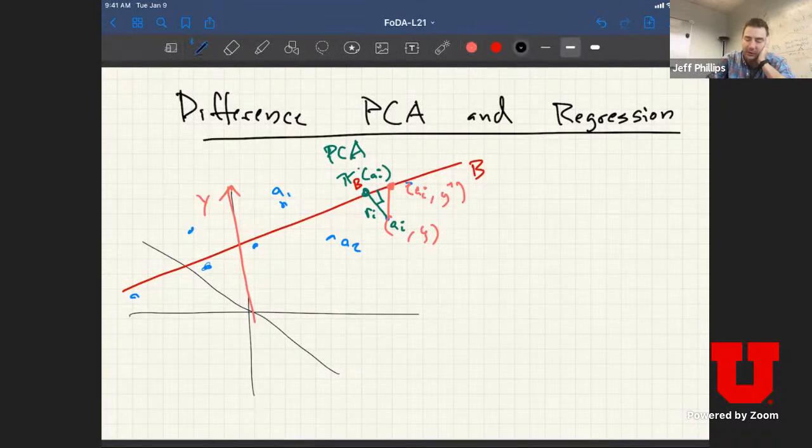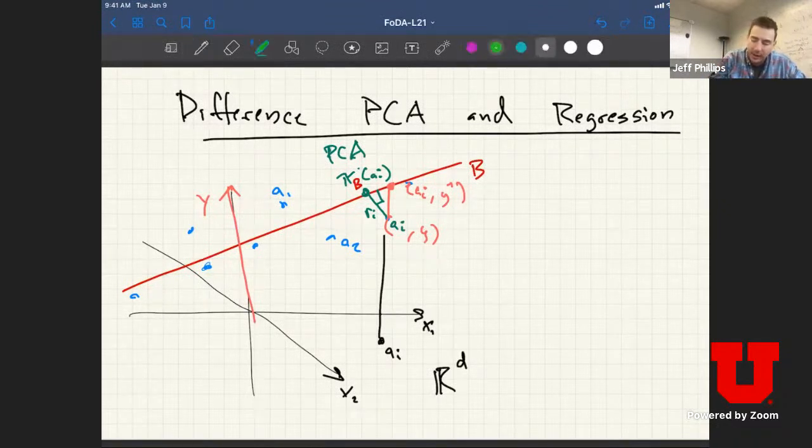The X values, X1, X2 now, the A_i live in this lower dimensional plane in the regression case. And so the X data lies in this plane, and I'm not changing that. I'm only changing the Y data, and I'm making an approximation Y hat, which keeps the same X value, which is multidimensional, but has a different Y value.